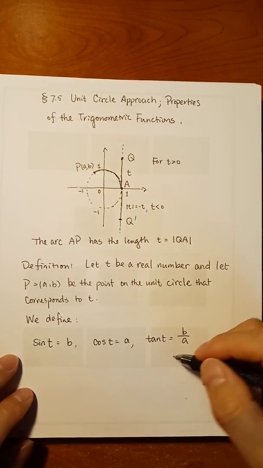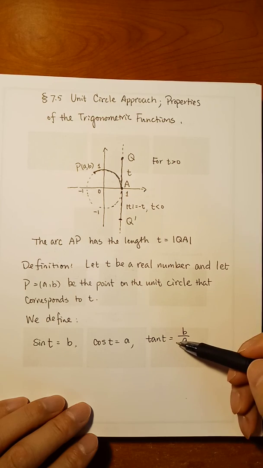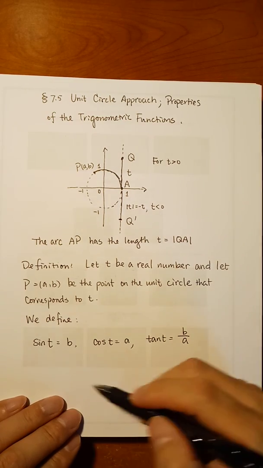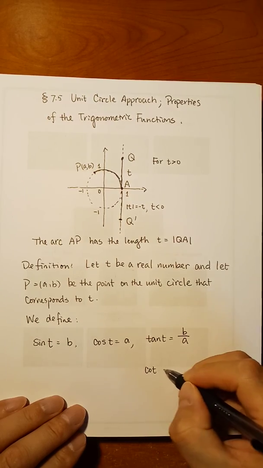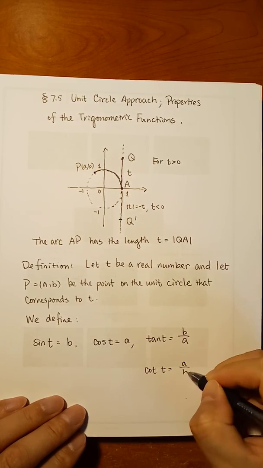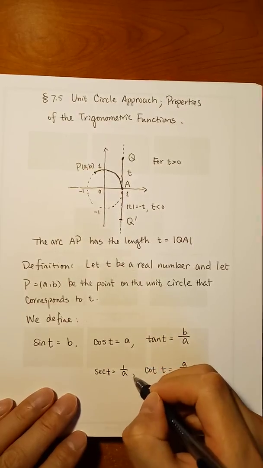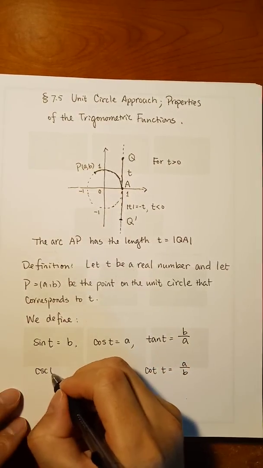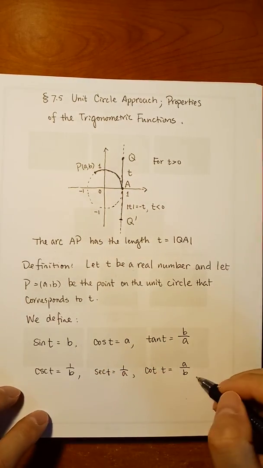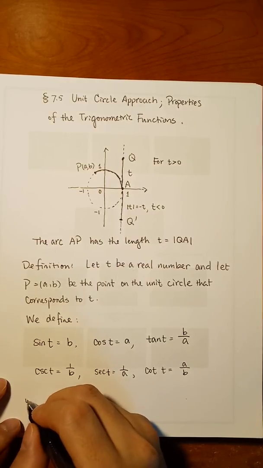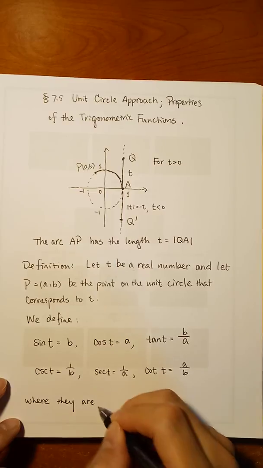Okay, then remember that there are relations among all six trig values. These three are the first level, and the other three are the corresponding reciprocals. So cotangent t is a over b. Secant of t is 1 over a. Cosecant of t is 1 over b, when they are well defined.